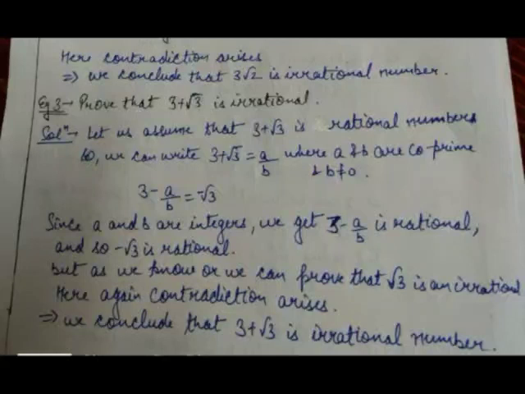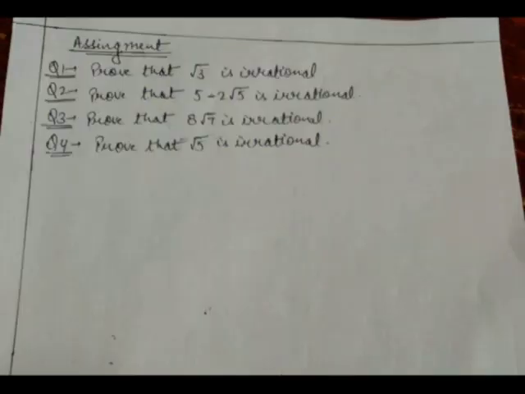Since a and b are integers, we get 3 minus a upon b is a rational number. So, we can say that minus root 3 is rational. But as we know, or we can prove, that root 3 is an irrational number. Here again a contradiction arises. So, we conclude that 3 plus root 3 is an irrational number.